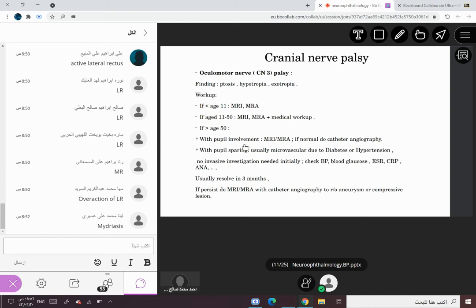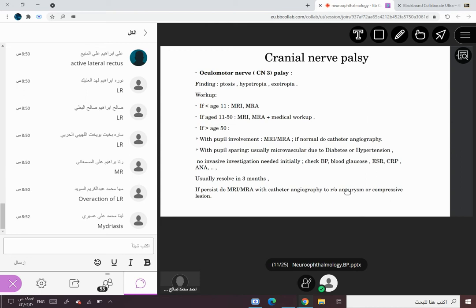In these cases, we have to do MRA, magnetic resonance angiography, and if normal, we have to do catheter angiography. Why? To rule out aneurysm or compression.